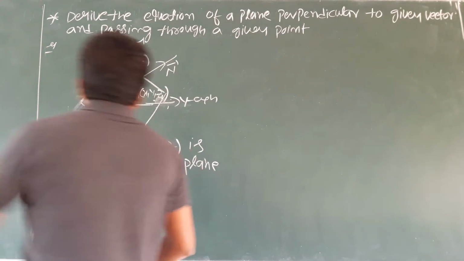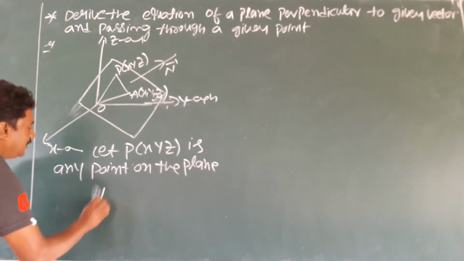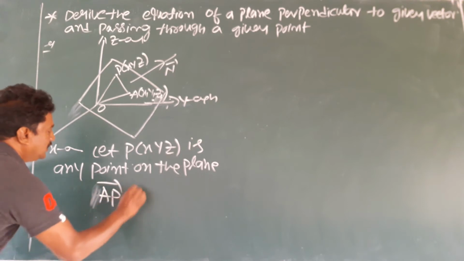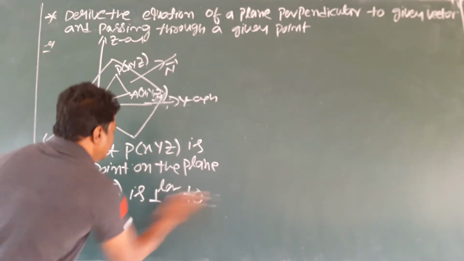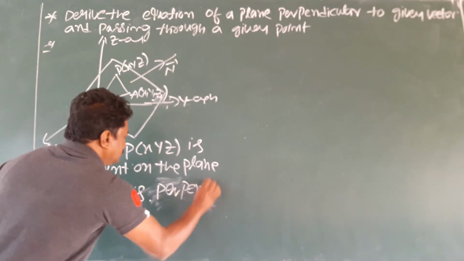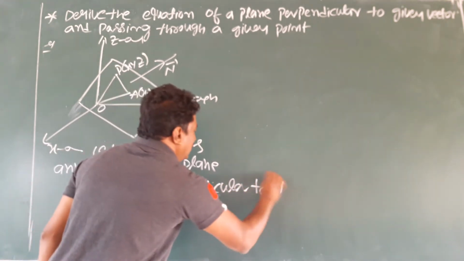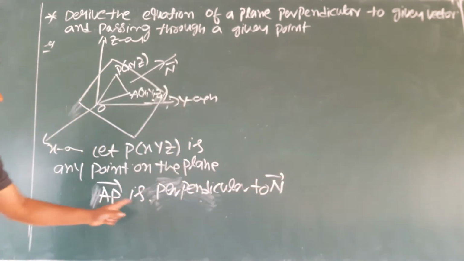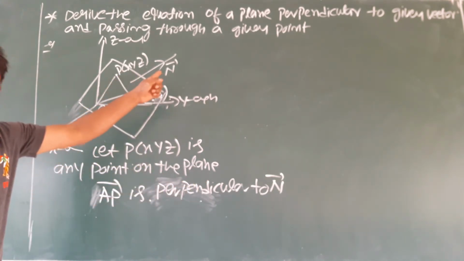So first let us take vector AP. Vector AP is perpendicular to vector N. These two vectors are perpendicular.